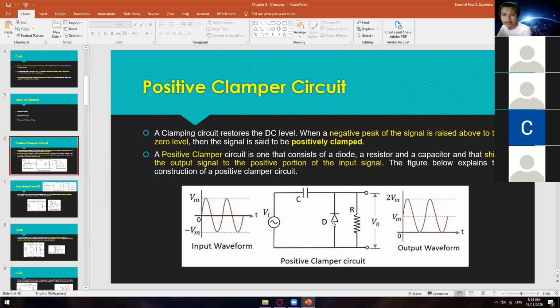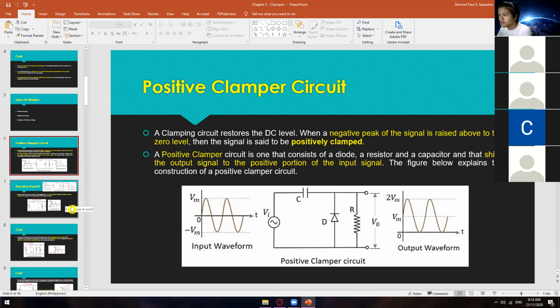That's the only difference, just the direction of the diode. This is very critical. You must understand the positive one first before understanding the negative, or vice versa. Once you understand how one works, you may be able to understand how the other works also.